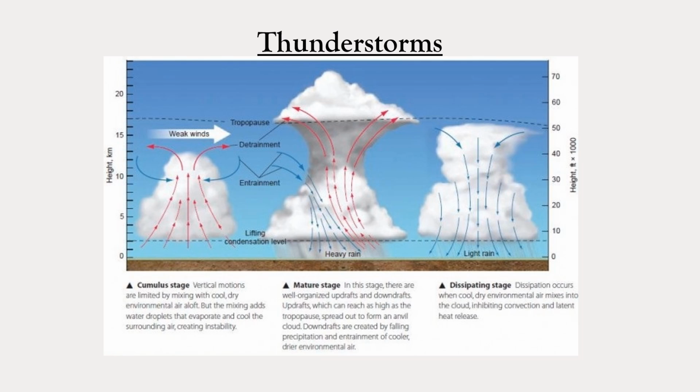At the dissipating stage, the really heavy rain has already occurred, but it's still raining. But we really want to be nowhere near these clouds during the mature stage, even to the side of them.